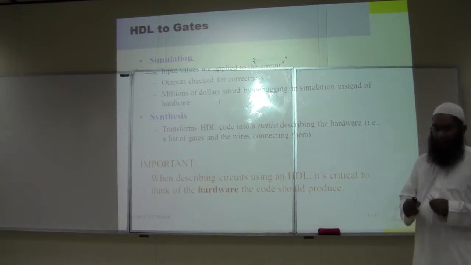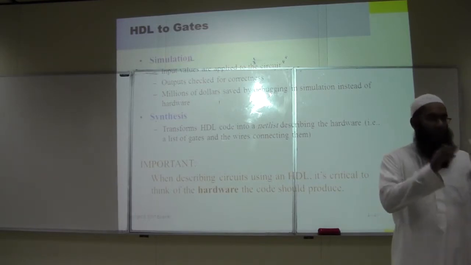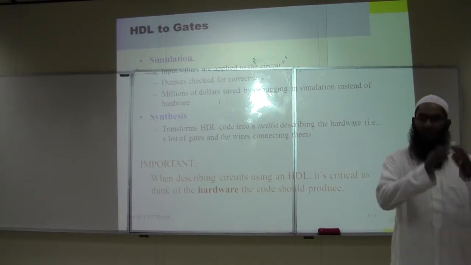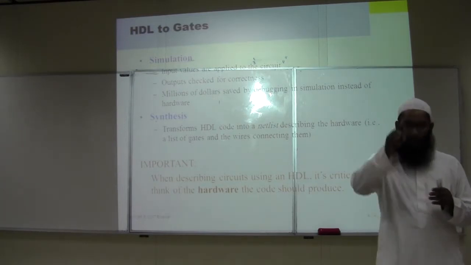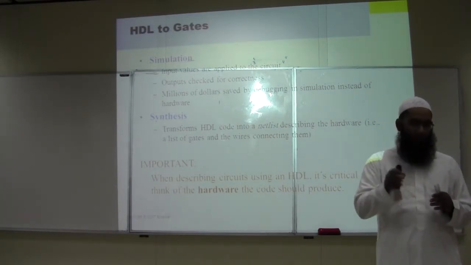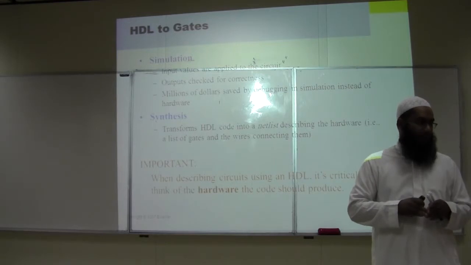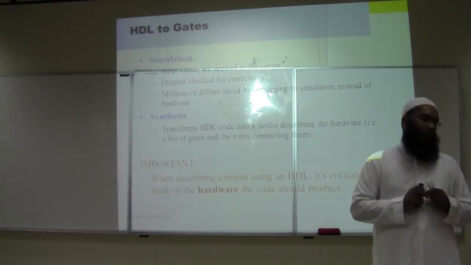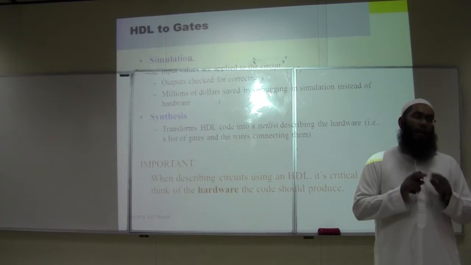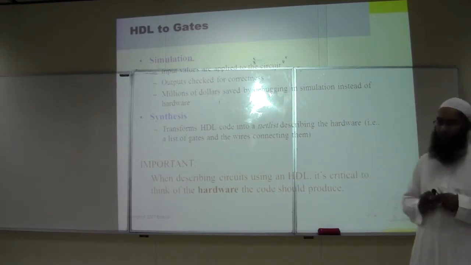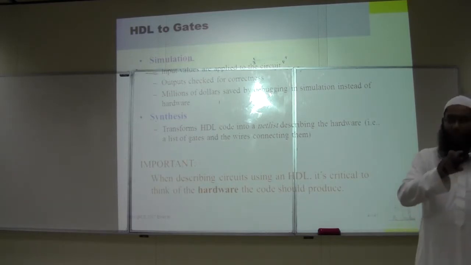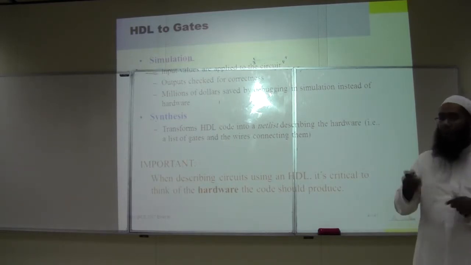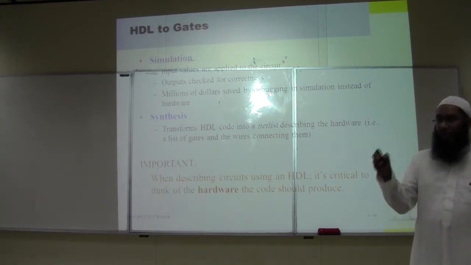Simulation is, say I want to make a circuit, like the traffic light problem, the finite state machine we solved in our class. We want to find the circuit using software. In the simulation, when you write your code, the program will give the input, calculate the output and check for errors.